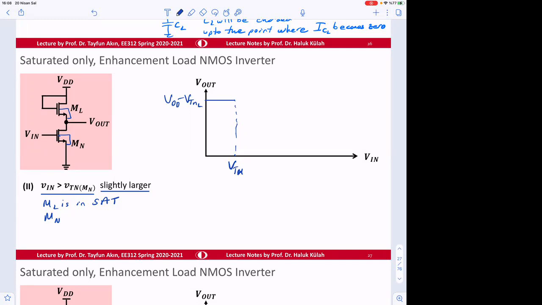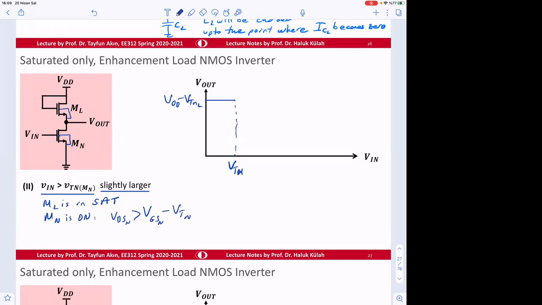Is it in SAT? It depends on the V in voltage. MN is on, and what is the condition for SAT? V drain to source of N is larger than V gate to source of N minus VTN.